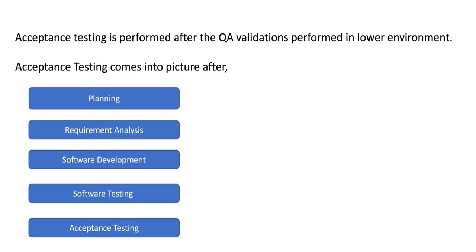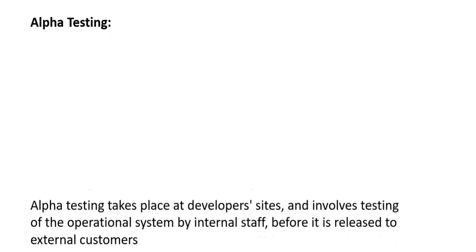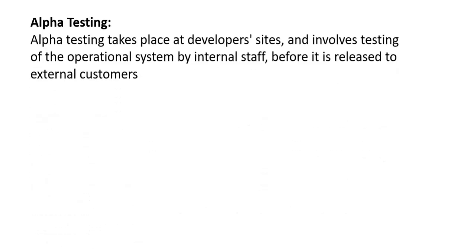Let me go next. I have added another type of testing, which is alpha testing, as well as beta testing. Let's try to understand what alpha testing is. Alpha testing takes place at the developer site and involves testing of the operational system by internal staff before it is released to the external customers.